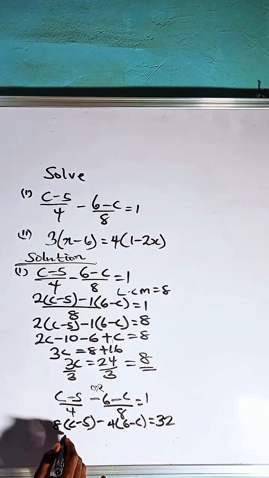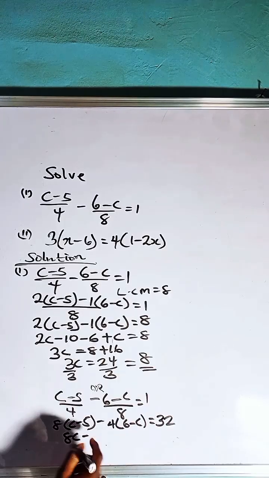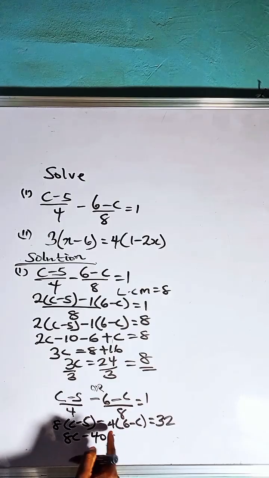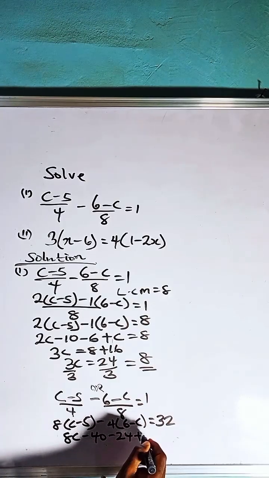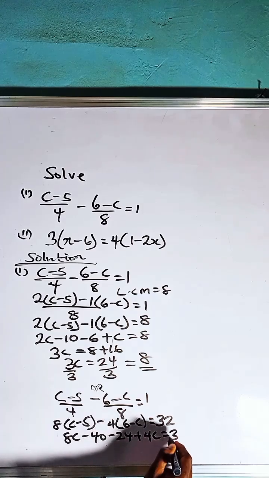When we open up, we have 8c minus 8 times 5 is 40, minus 4 times 6 is 24. Minus times minus is plus, so plus 4c equals 32.